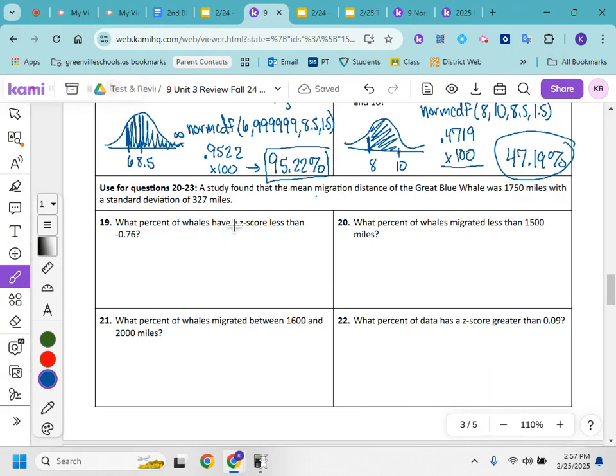Okay, now we have z-scores. So that means these aren't x values, they have been standardized. Find the mean migration distance for a great blue whale, with a standard deviation of 327. What percent? So that's normal CDF. Anytime we're looking for a percent, we start with our normal CDF.